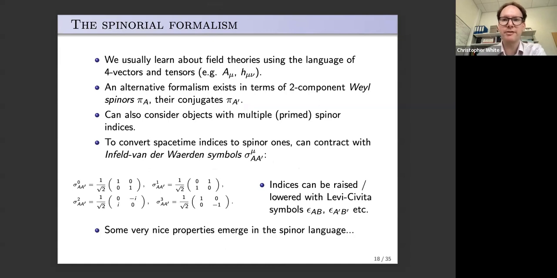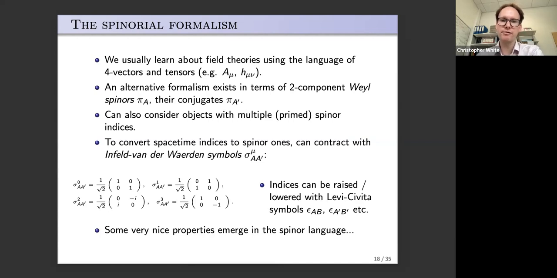We usually learn about field theories using the language of 4-vectors and tensors, but an alternative formalism exists in terms of 2-component, what we call Weyl spinors, and their conjugates. So here, A is an index that goes from 0 to 1. And as well as these objects, we can consider objects with multiple spinor indices, as we'll see in a moment.